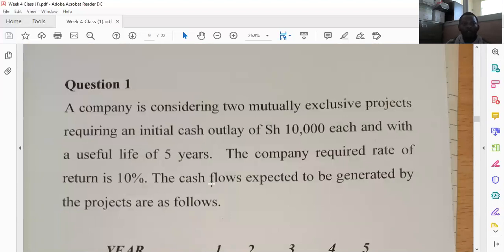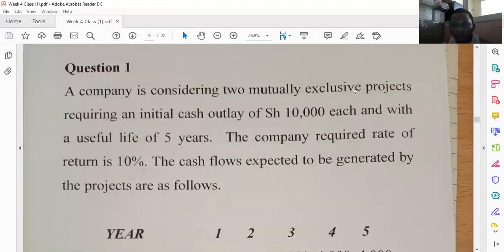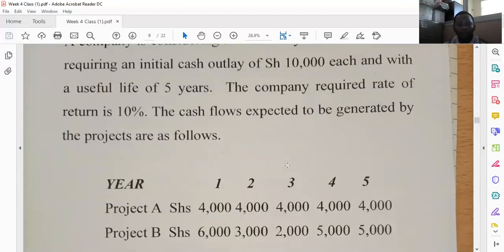A company is considering two mutually exclusive projects requiring an initial cash outlay of 10,000 shillings each, with a useful life of 5 years. The company's required rate of return is 10%, and the cash flows are expected to be generated by the projects as follows.